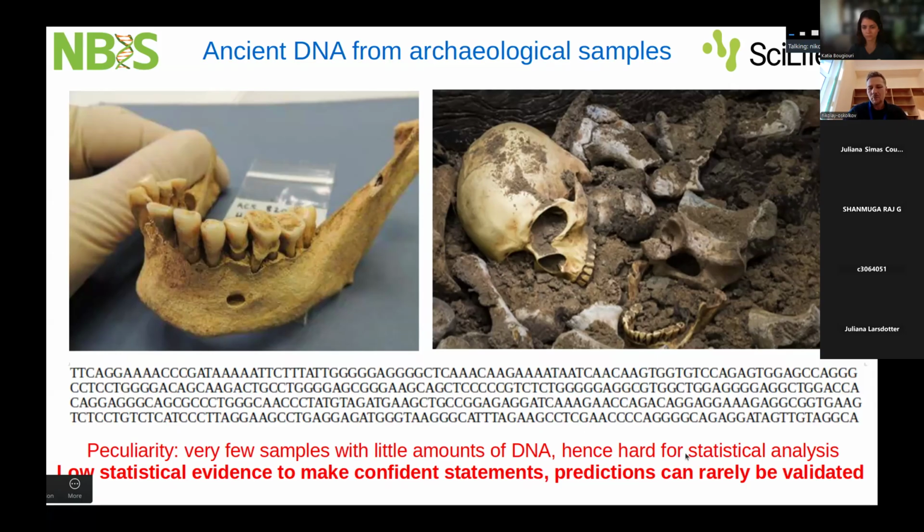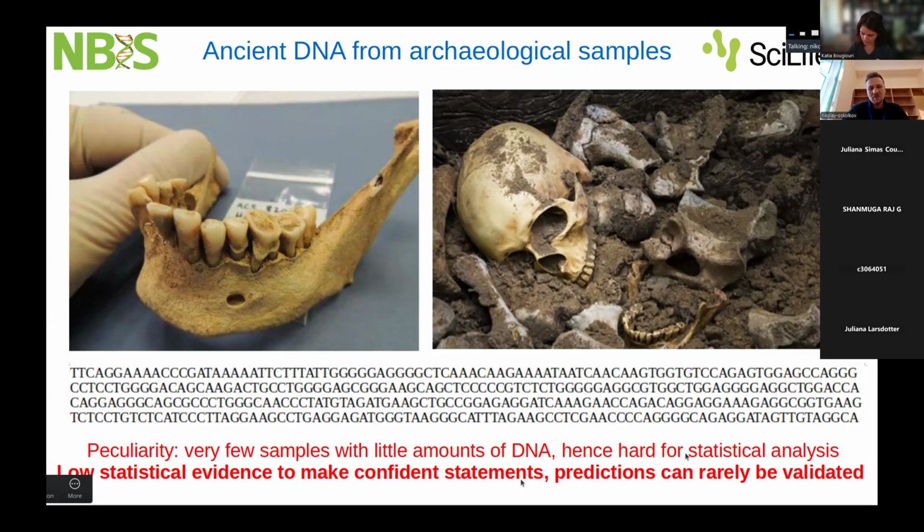So compared to modern genomics and biomedical genomics, where I previously had experience, it's a dramatic difference in terms of how difficult it is to make statements or claims in ancient DNA. Lots of inferences that you can do from ancient DNA are based on very, very low statistical evidence. That's why the level of uncertainty is huge in ancient DNA.